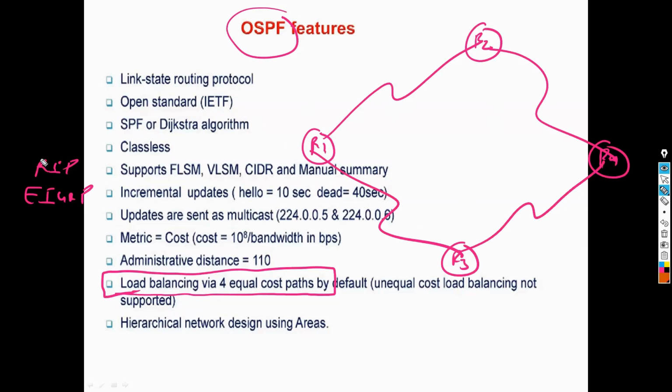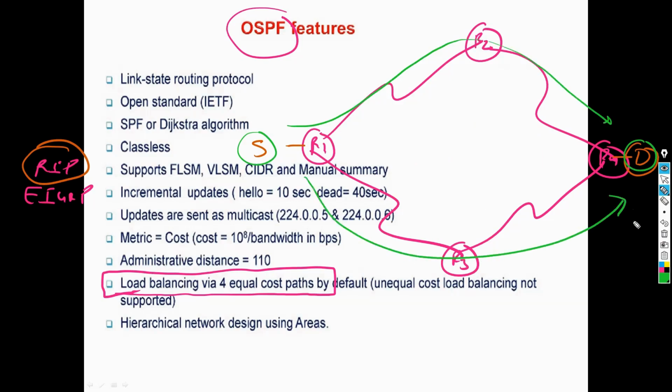If I'm using the RIP protocol, RIP always works with hop count. RIP can't understand bandwidth. So if here is a source, and this side we have a destination, to reach from this source to this destination we have two routes. You can go via R2 or via R3.